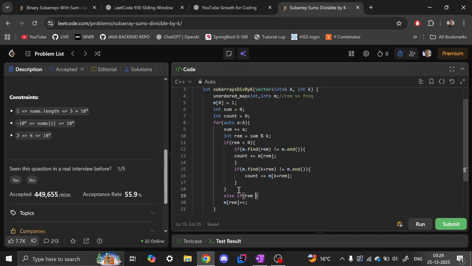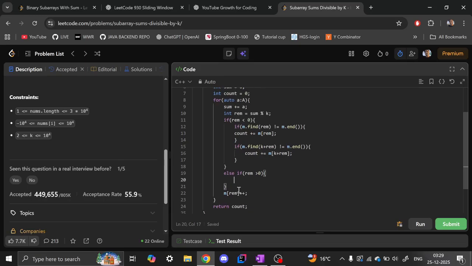Similarly, else if your remainder is greater than or equal to 0, if m dot find rem is not equal to m dot end, I'll do count plus equals m of rem, and I'm also going to find m dot find k minus rem.